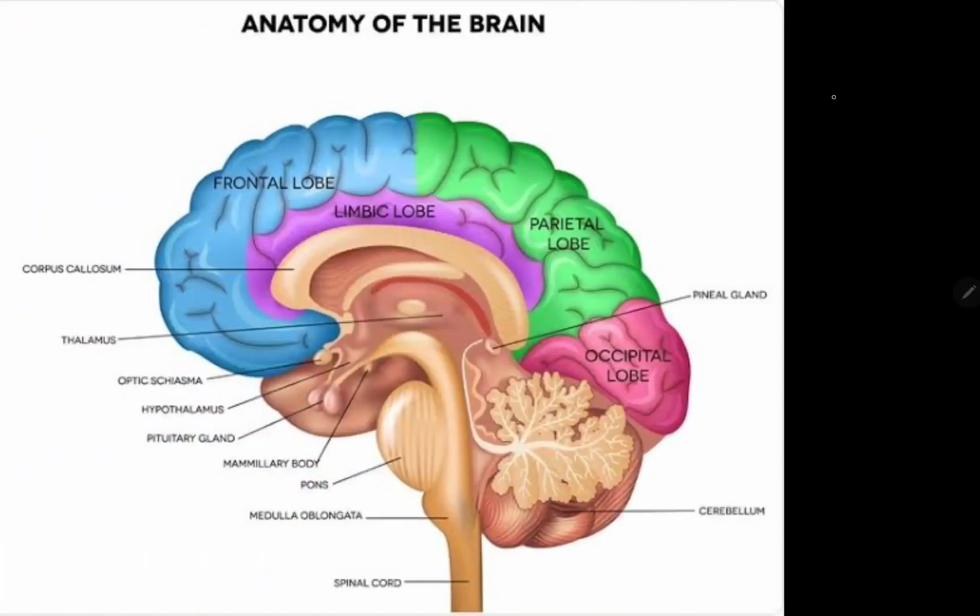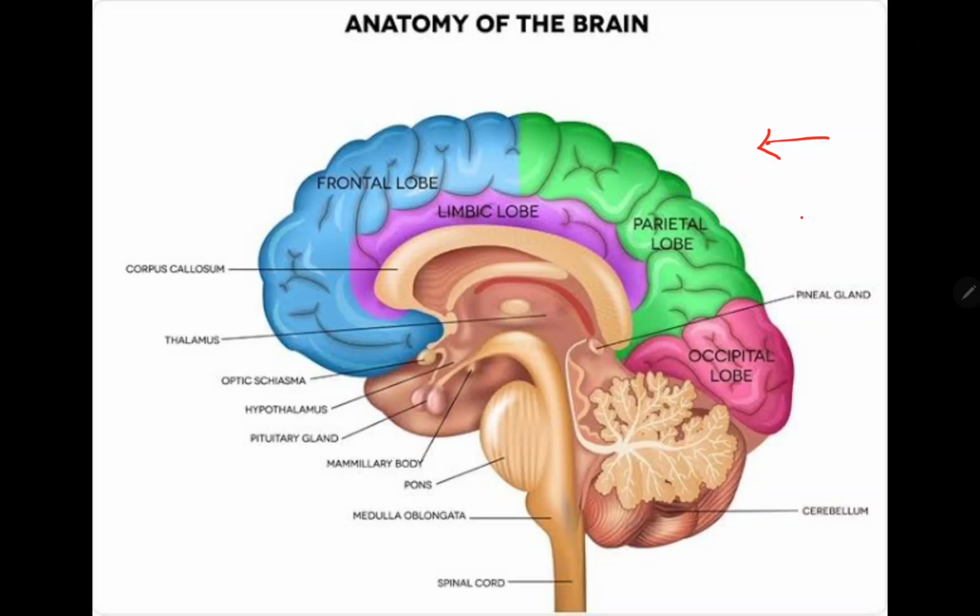Receiving signals is done by sensory cells, and giving or transmitting signals is done by motor cells. Sensory and motor both are nerves. Some nerves receive signals from your body parts to the brain; this is done by sensory nerves.